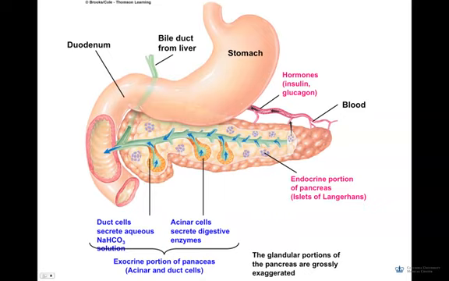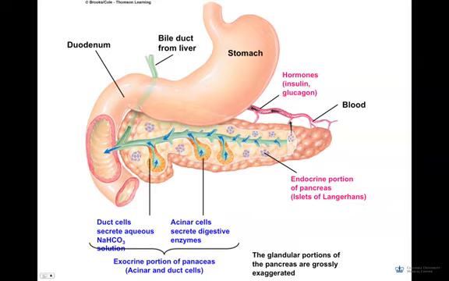Both of these hormones of glucose homeostasis are produced by the pancreas, an organ that has both exocrine and endocrine components. The pancreas is depicted here. It's just below the stomach, very close to the duodenum.